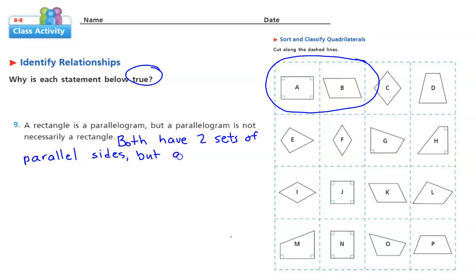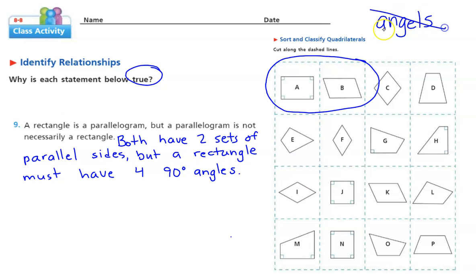But a rectangle must have 4 90-degree angles. Please don't spell angles like angels. It's one of my teacher pet peeves. So angles is not with the L at the end. Angle has the L next to the G.